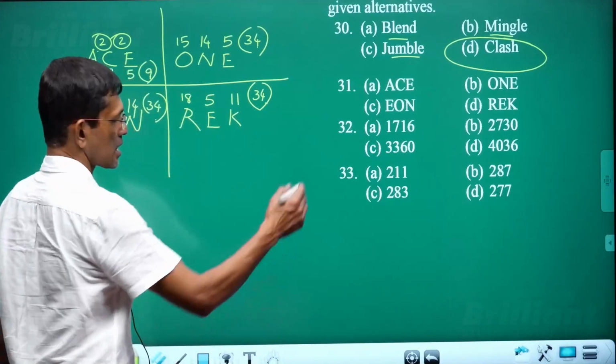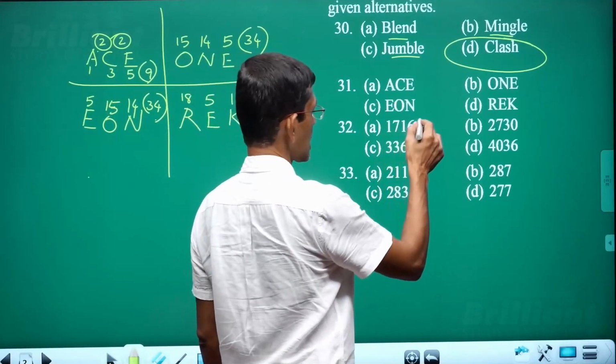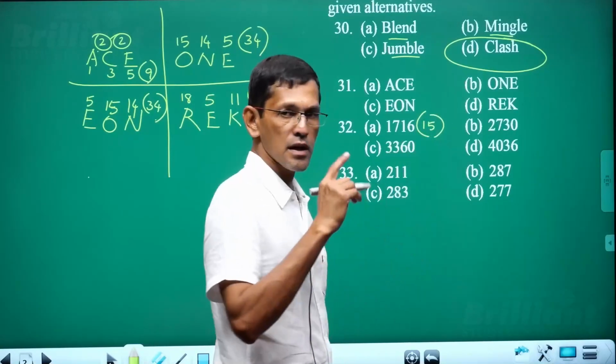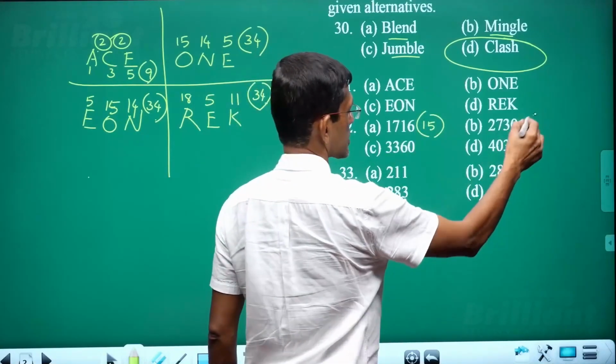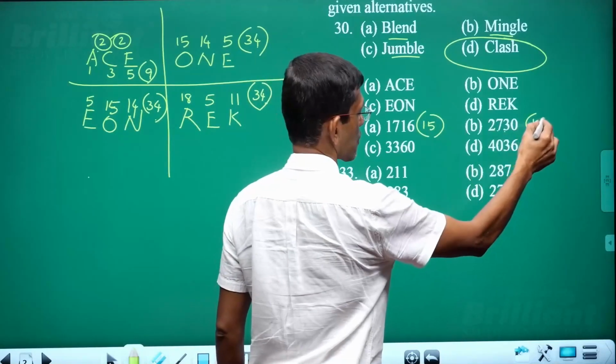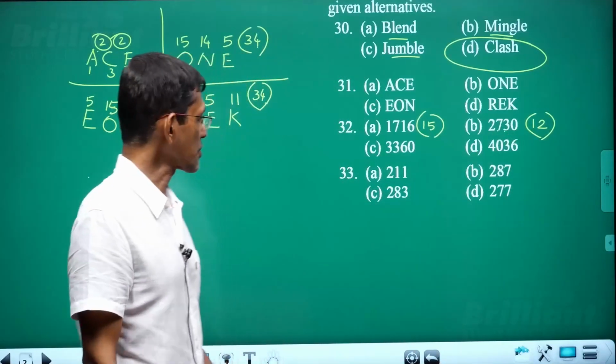How about 1716? If you add the digits, what do you get? 1 plus 7 is 8, 8 plus 1 is 9, plus 6 is 15. And this one, 7 plus 3 is 10, plus 2 is 12, plus 0 is 12.